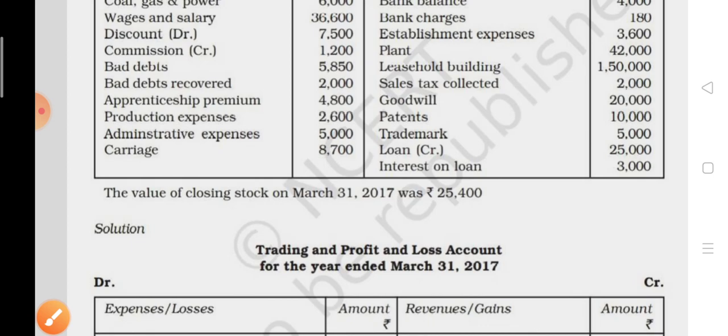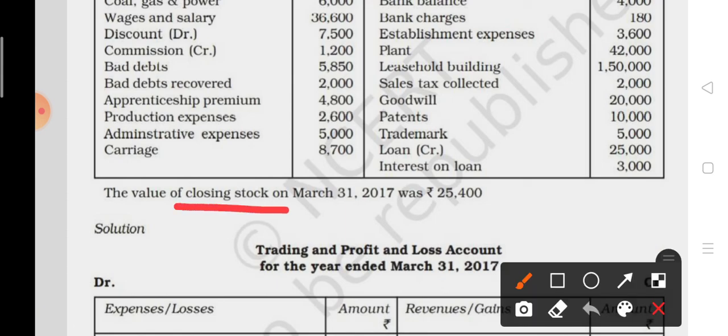Now trademark 5,000, loan credit 25,000, interest on loan 3,000, value of closing stock 25,400.